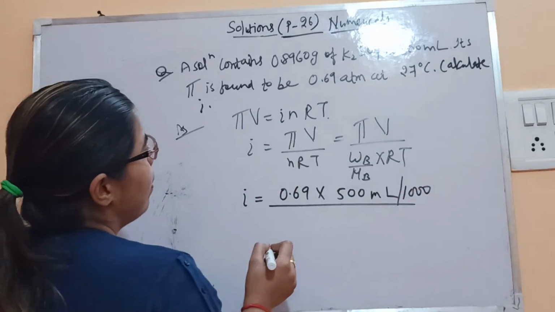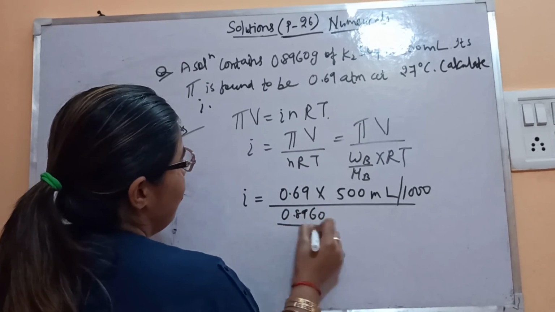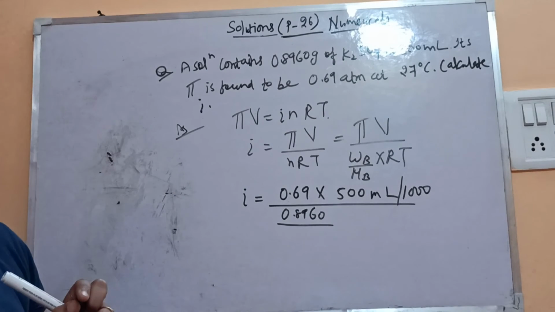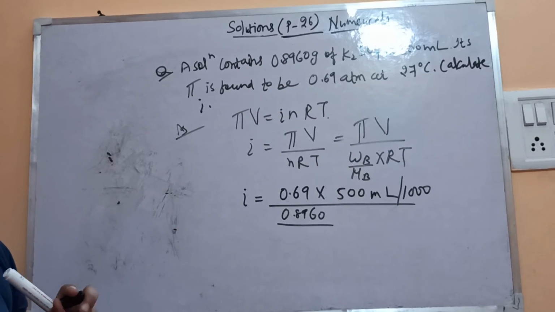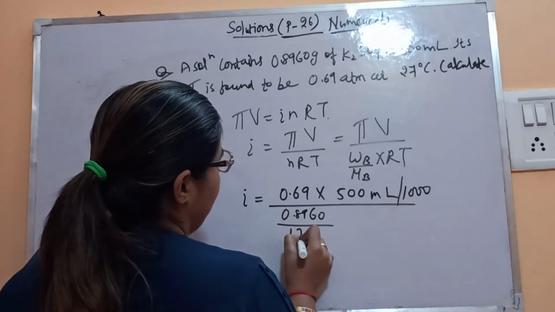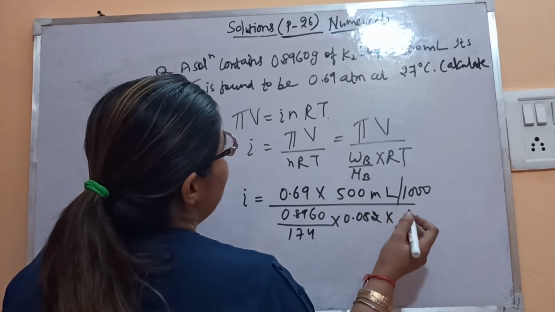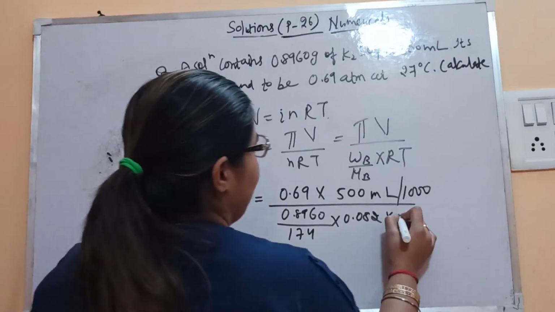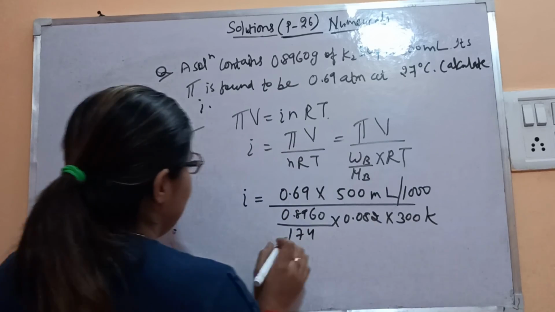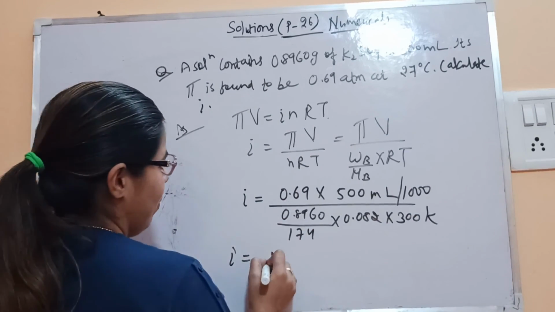Then Wb is 0.8960, and the molar mass of potassium sulfate is 174. R is 0.082 liter atmosphere, and temperature 27 degrees Celsius means 300 Kelvin. Okay, all the values you just do, and then the value of i comes out to be 2.72.